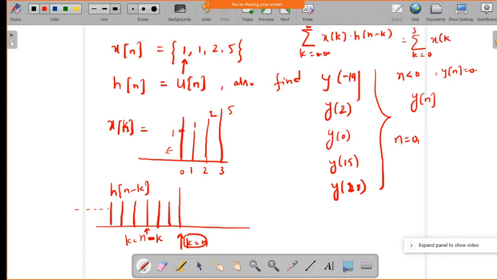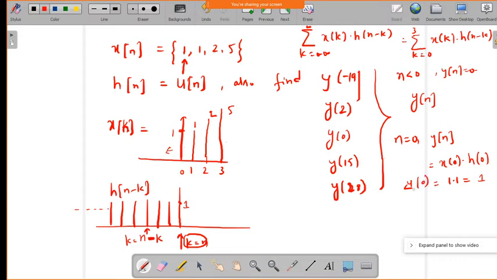So the summation is over k from 0 to 3 of x of k into h of n minus k. When k equal to 0 and n equal to 0, y of n will be x of 0 into h of 0, that is 1 into 1, since h of 0 has a sample 1 and x of 0 also has a sample 1. So 1 into 1 is equal to 1. This is your y of 0.